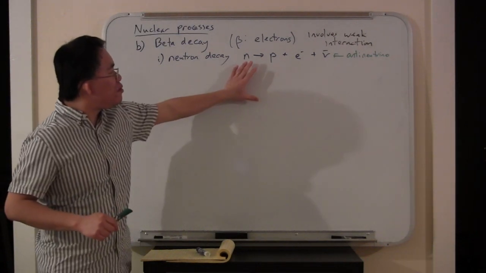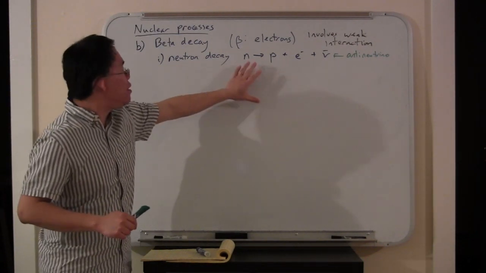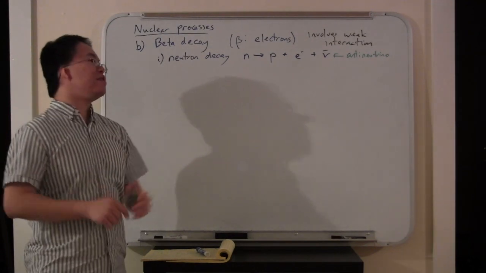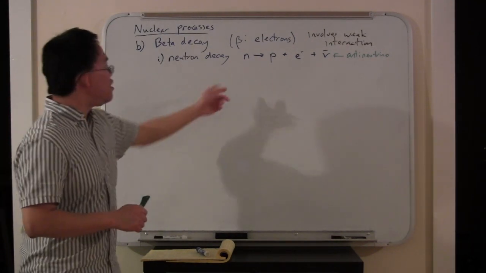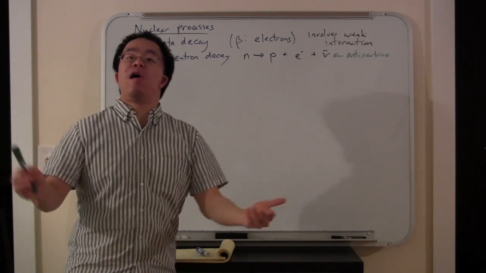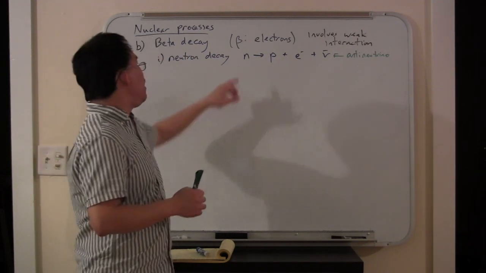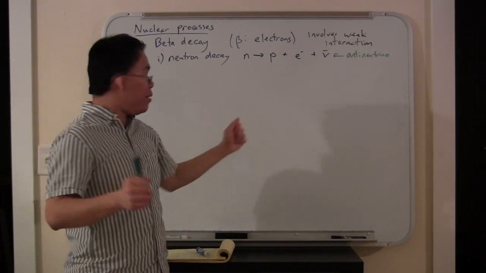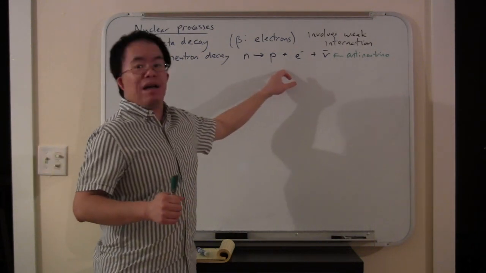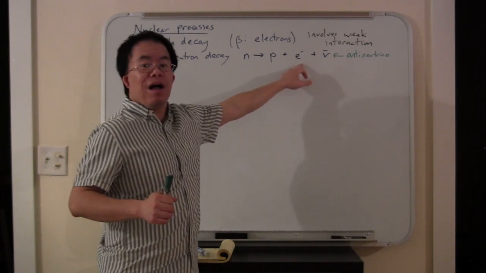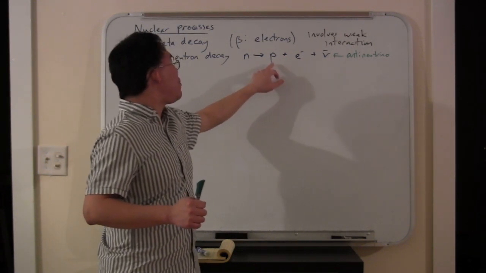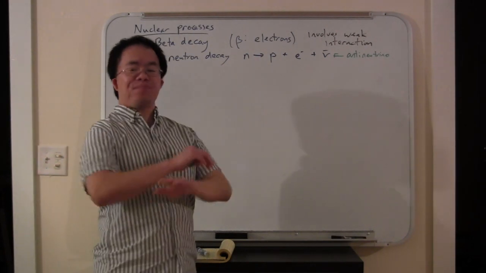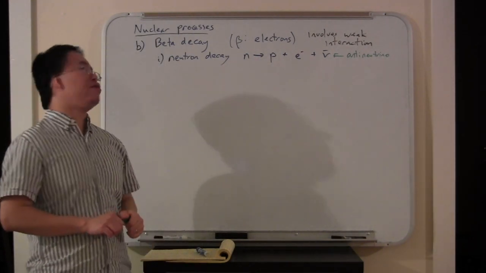But one thing I wanted to point out about this process is that there are some things that are constant. For instance, electric charge is constant. We started with a neutral neutron, and then we end up with a net charge of 0 on the right side. You have a positively charged proton, but a negatively charged electron, so no change in the net charge.